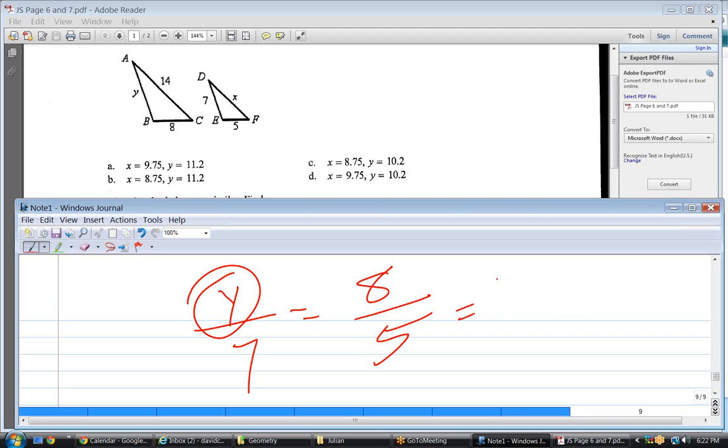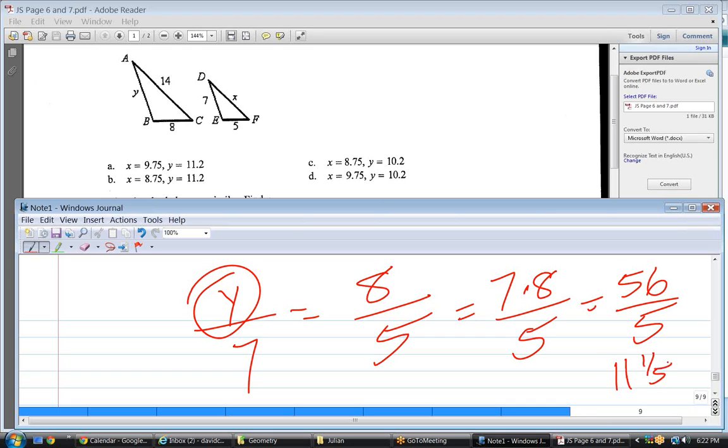I can turn it into a mixed fraction, 11 1/5, but there's no rule that says that mixed fractions are superior to improper fractions. I prefer one term. I prefer 56/5 to 11 1/5. I think it's a better answer myself.